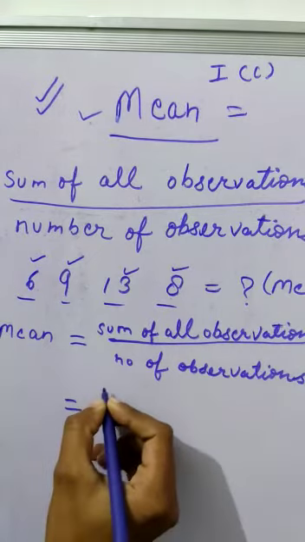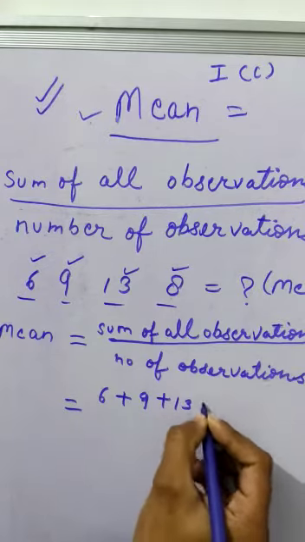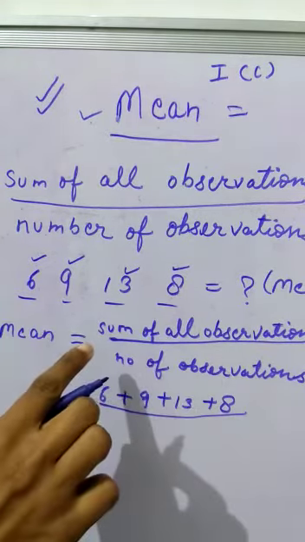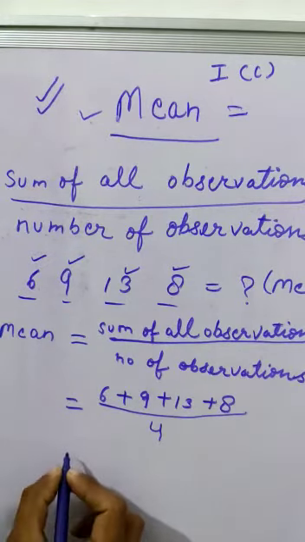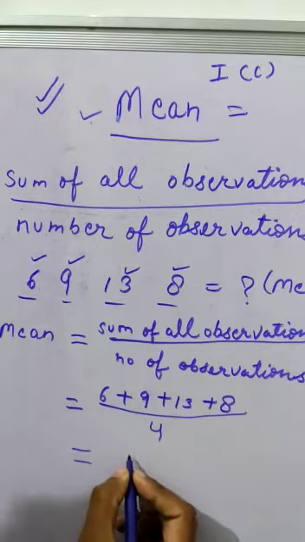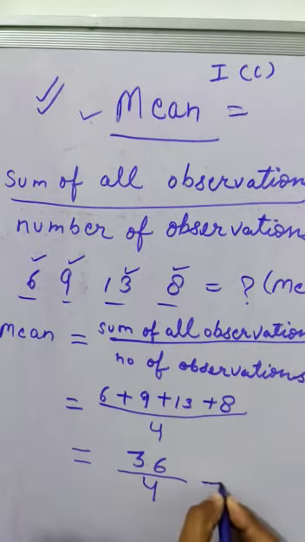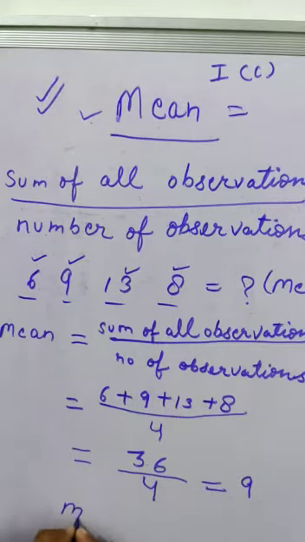What is the sum of all our observations? 6 plus 9 plus 13 plus 8, divided by how many numbers? 1, 2, 3, 4. The sum is 36, so 36 upon 4. 4 9s are 36. So what is the mean of this data? 9. This is the answer.